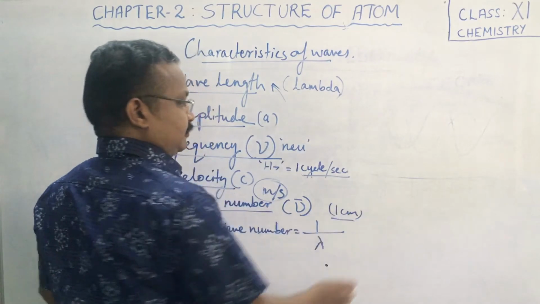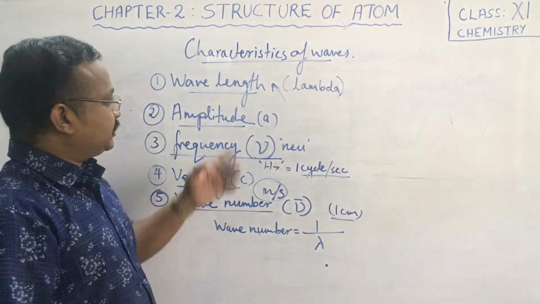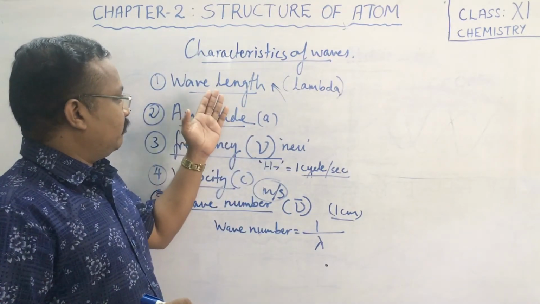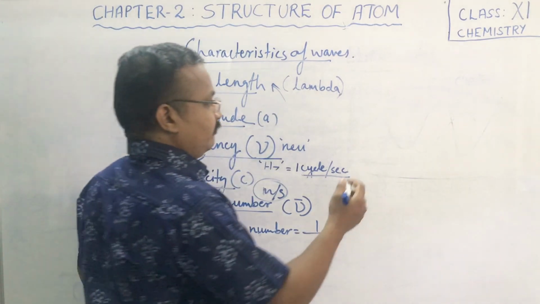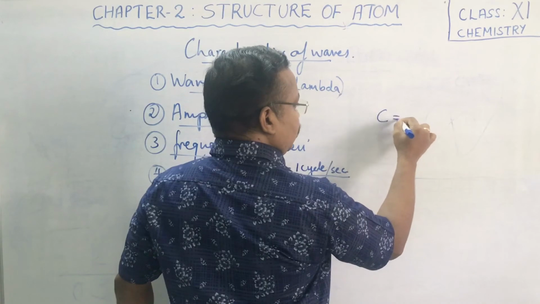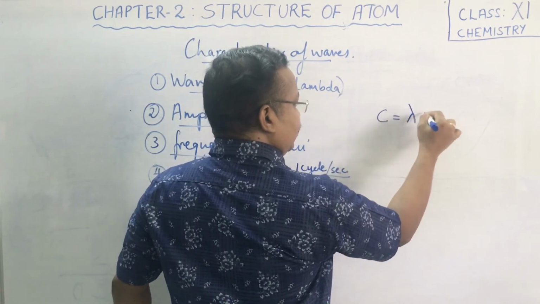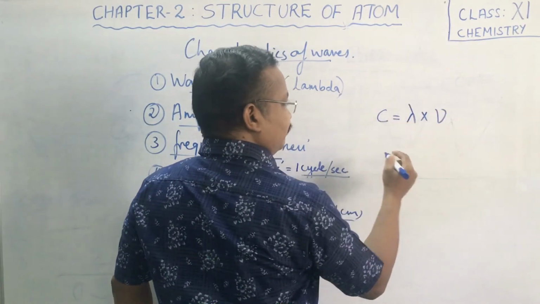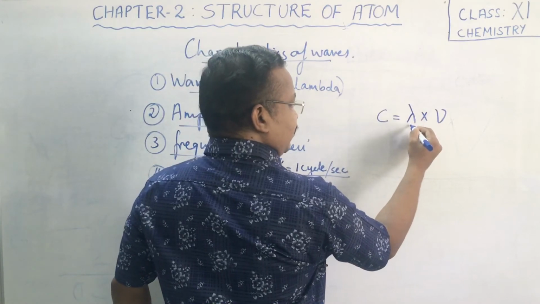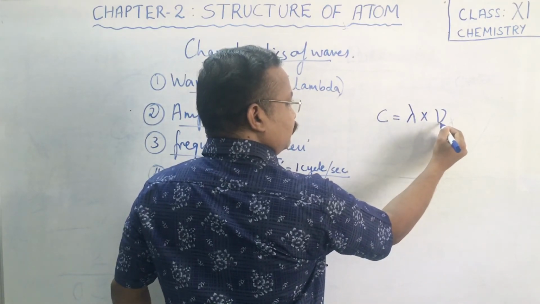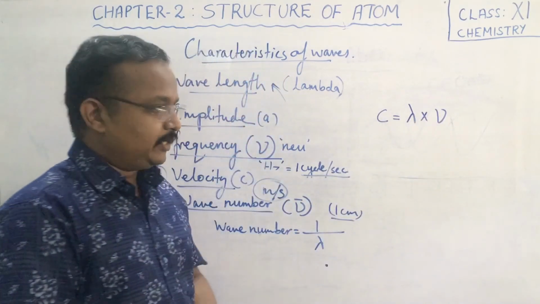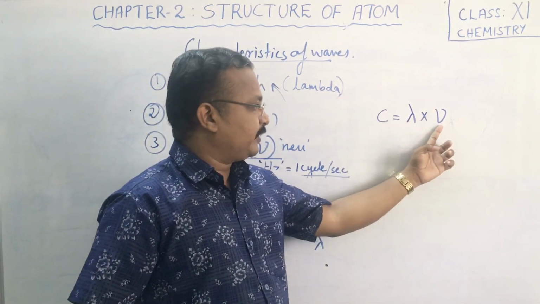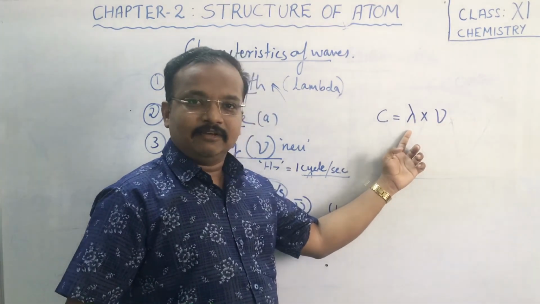Now children, there is a relation between wavelength, frequency and velocity. That is, wave velocity c is equal to lambda into nu, where wavelength into frequency is velocity. Nu is frequency and lambda is wavelength.